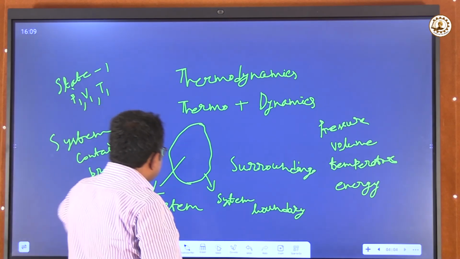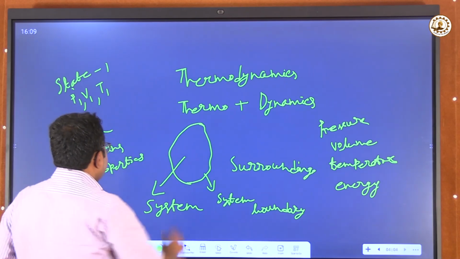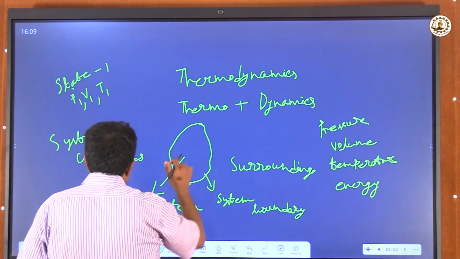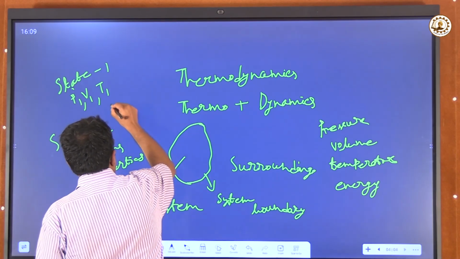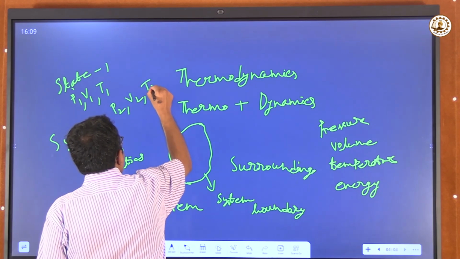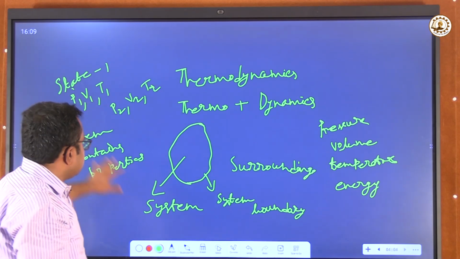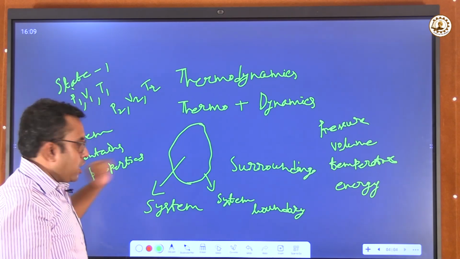Similarly, whenever some force is applied on this system, it has some changes, and then the properties may change to V2, P2. This is nothing but the system and surroundings.